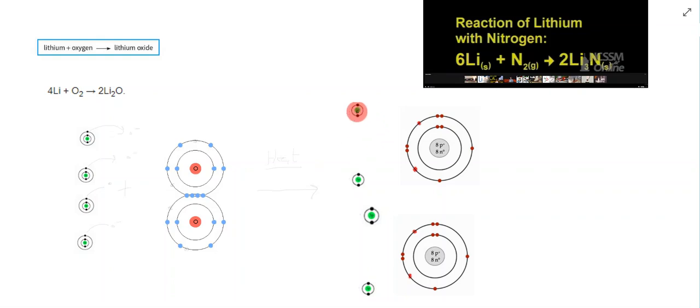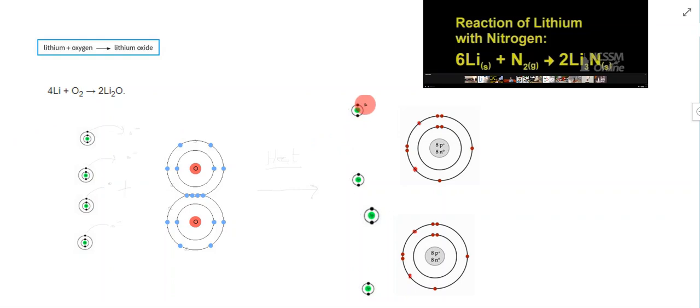Each of these atoms of lithium will be positively charged. The reason is that they've lost one of their electrons, so now they have more positive charge in the nucleus.